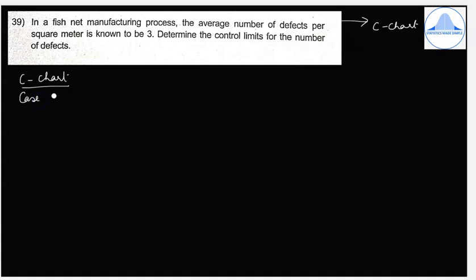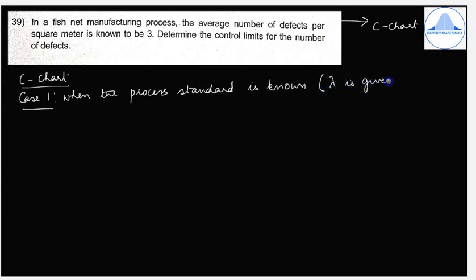The case is case 1, when the process standard is known. Why is it case 1? That is because they have used the word known.